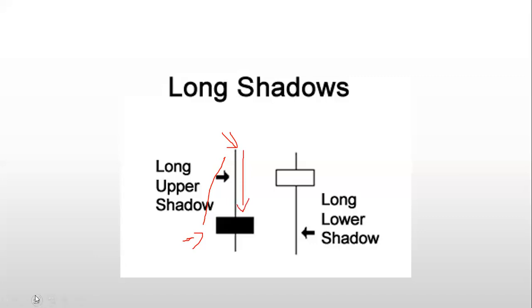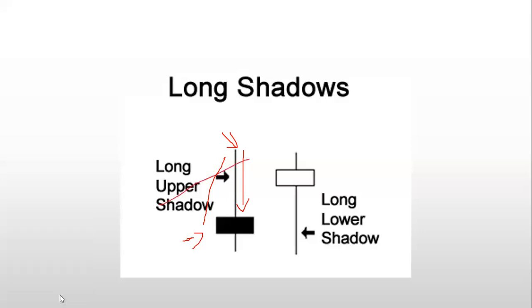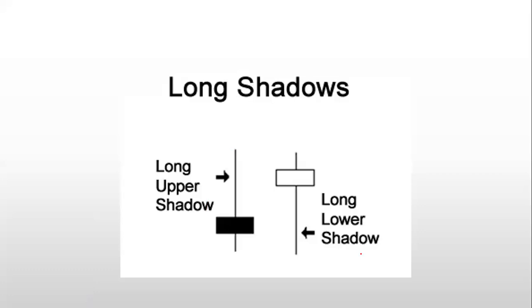On the other side, let me clean this place. Okay, good. So on the other side, we have a long lower shadow over here. Now with this, you can realize that the market opened at this position and it sold all the way down over here.